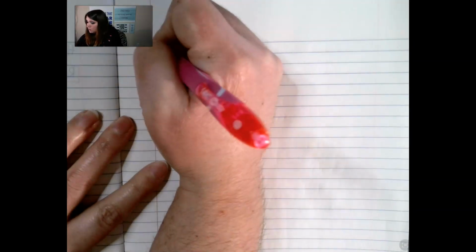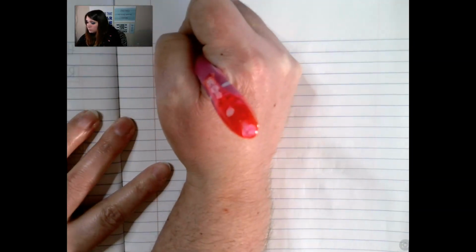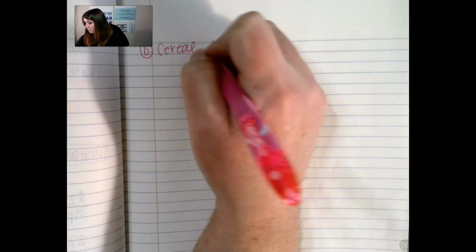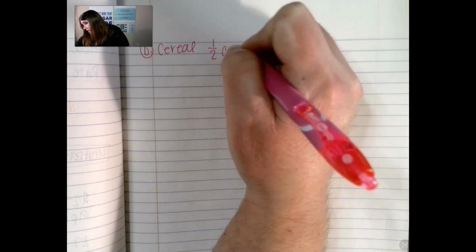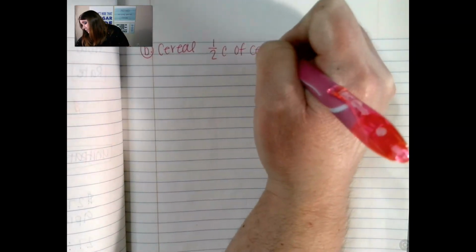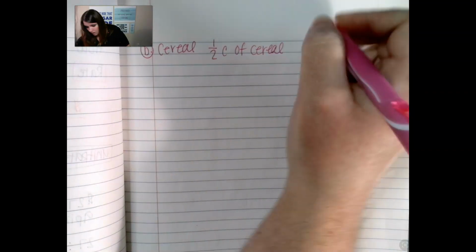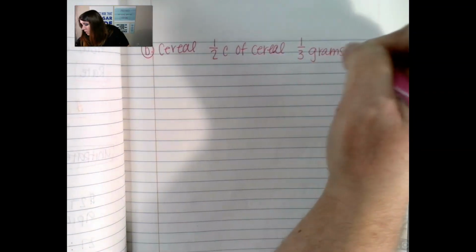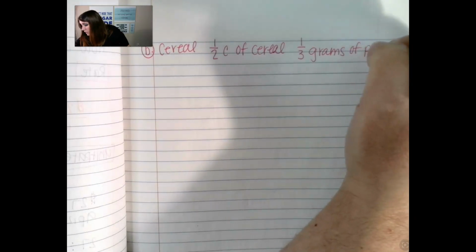The nutrition label that I'm reading on my cereal box, so let's talk about cereal. So this is example B, cereal, okay? And it says that every half cup of cereal has 1/3 grams of protein.